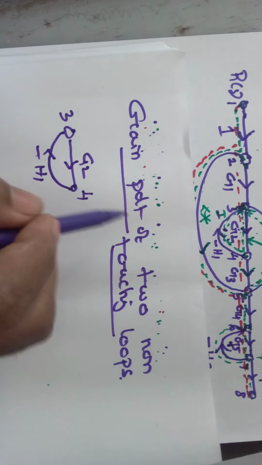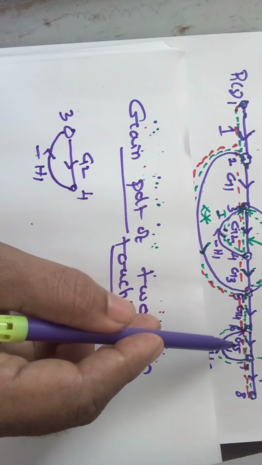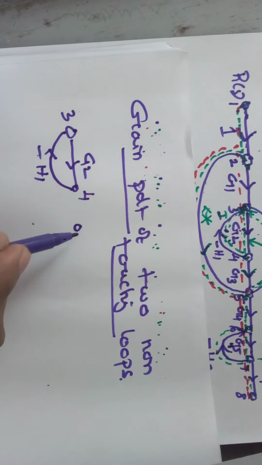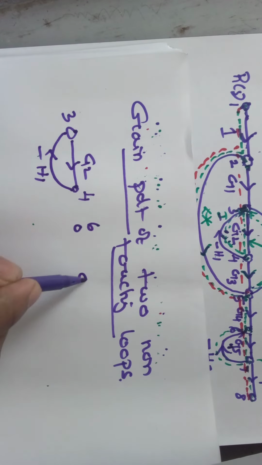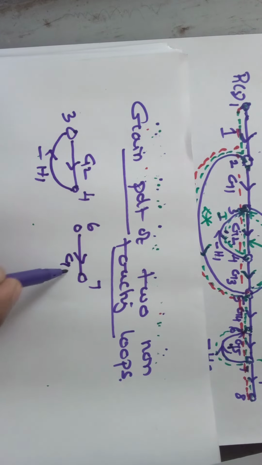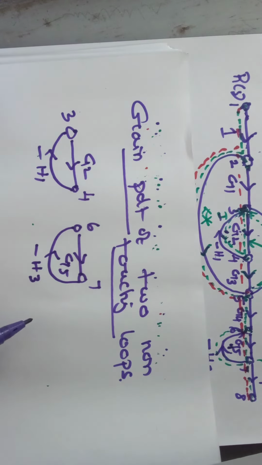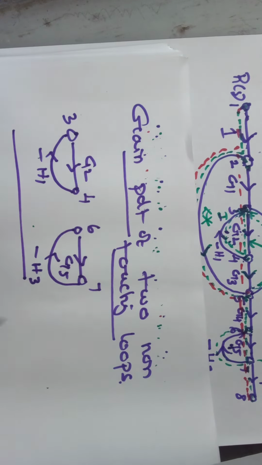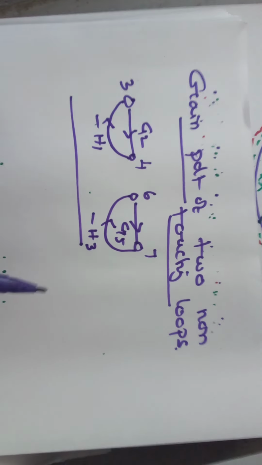This loop is not touching the one from node number 6 to node number 7, where the gain is G5 and the reverse gain is minus H3. Understood? So these are two non-touching loops.